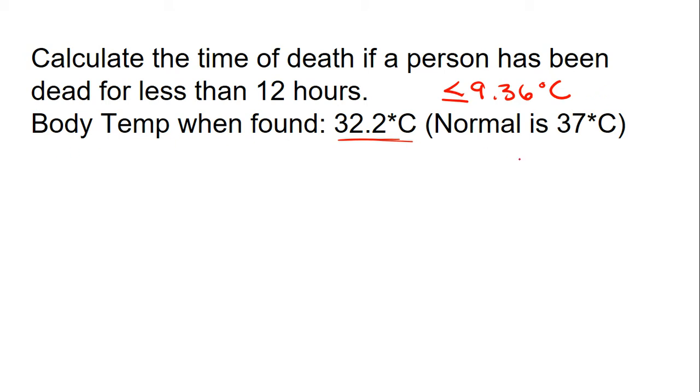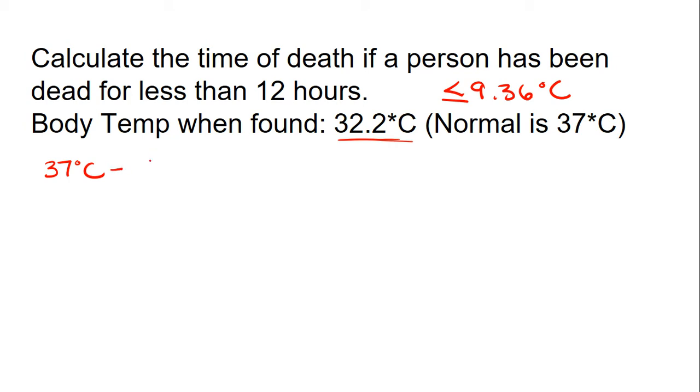So the first thing we're going to do is compare the normal body temperature, which is 37 degrees Celsius. This body was found at a temperature of 32.2 degrees Celsius.